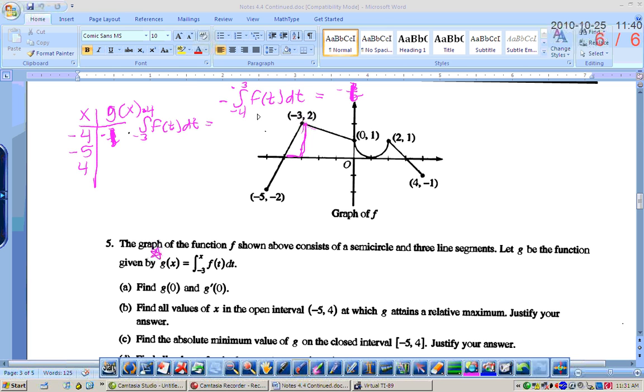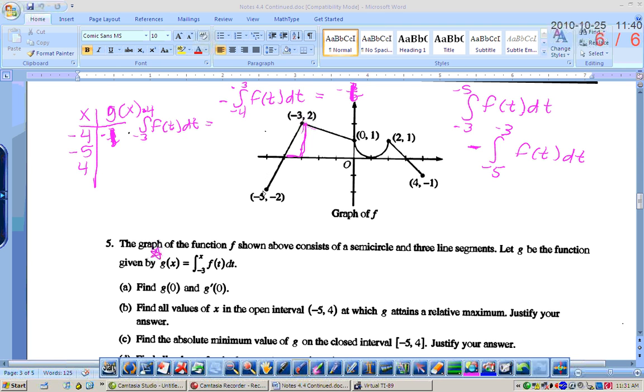Okay, to find g of negative 5. Using this definition right here, g of negative 5 would be the integral from negative 3 to negative 5 of f of t dt. But it would be negative integral from negative 5 to negative 3 of f of t dt.